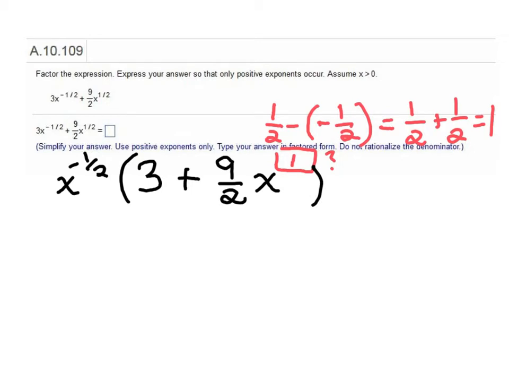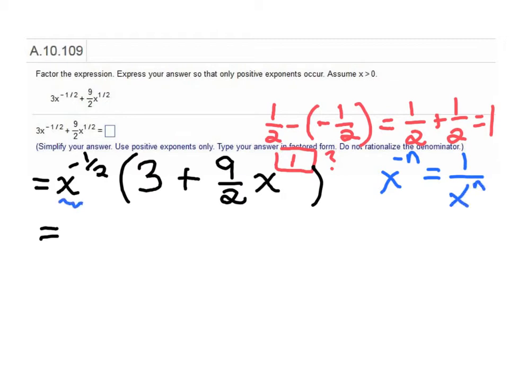I can close this up. Now the problem also said we should express our answer so that only positive exponents occur. Let me put a couple of equal signs here. There's a property of exponents that says whenever we have a negative exponent, so anything in the form x to the negative n, that can be written as 1 over x to the n.